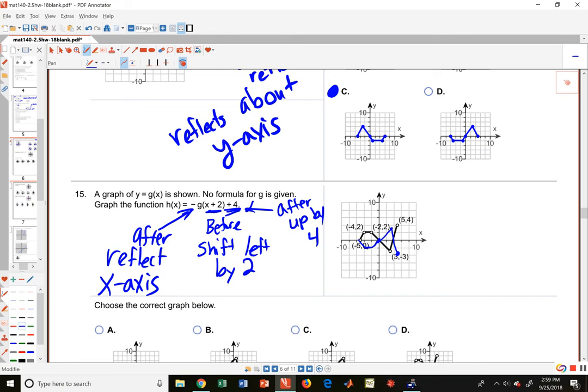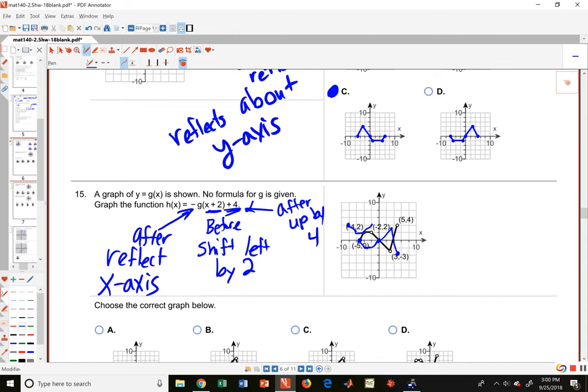All right, and then we're going to shift left by 2 and up by 4. Okay, so just concentrate on this piece right here. So we're going to go left by 2 and up by 4. These are 2, 4. We're going to go up to here. So we're going to come down. We're going to be flat for a little ways.